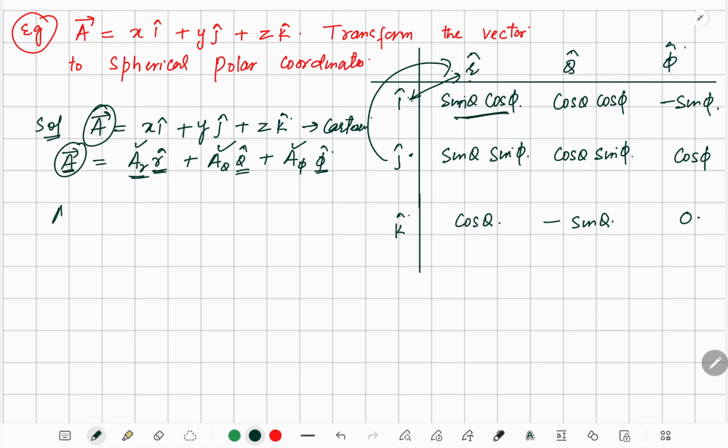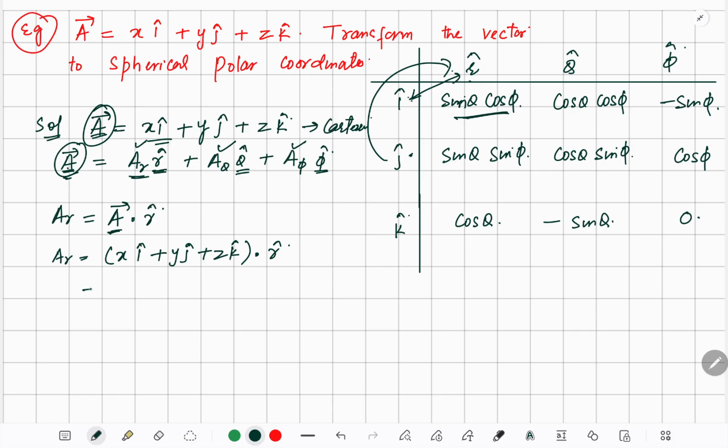So we can write a_r as the whole A vector dot r cap, and in place of the A vector I can put x i cap plus y j cap plus z k cap, dot r cap.